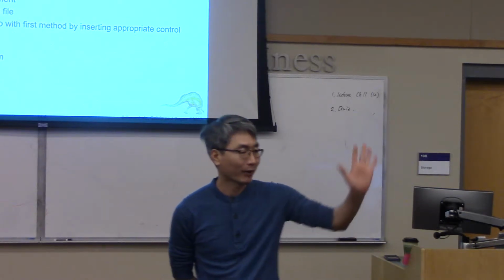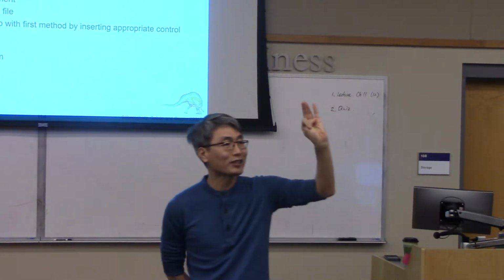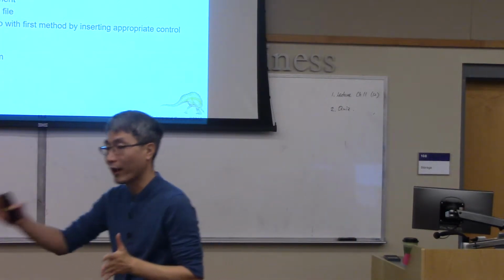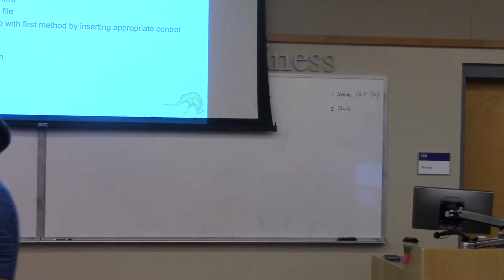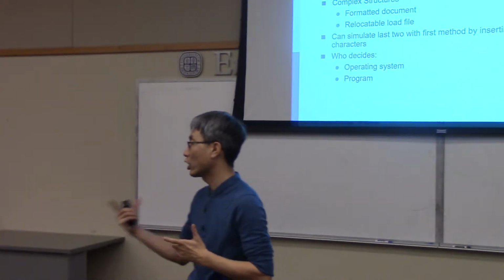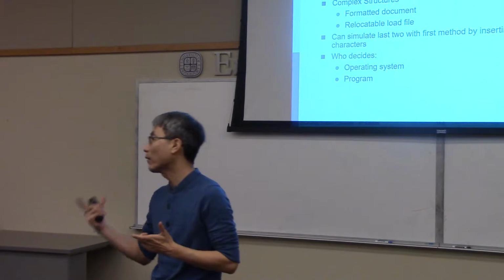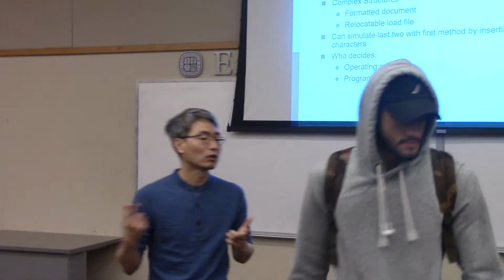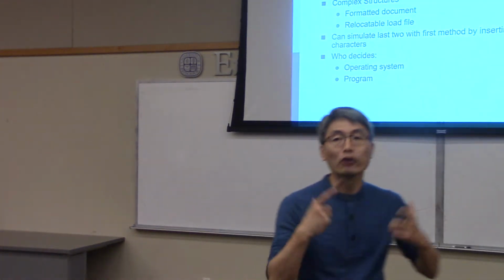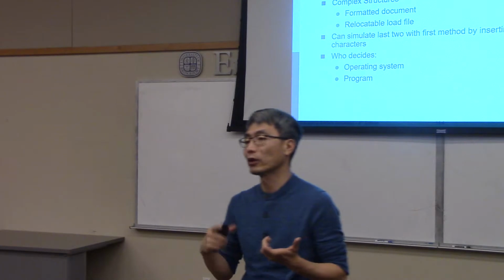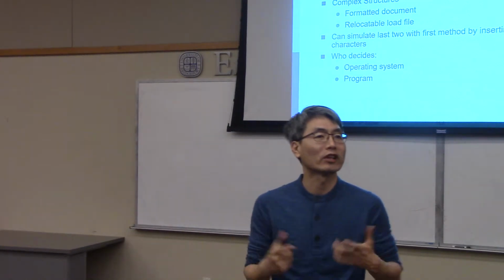Sometimes the application program, sometimes the operating system, sometimes the user decides. That data structure is in the header information, or sometimes a specific application program, like MS Word, can read the file type DOC or DOCX. If there's another application that can understand the specific data structure of the file, then it can open the file. Sometimes we call this compatible.